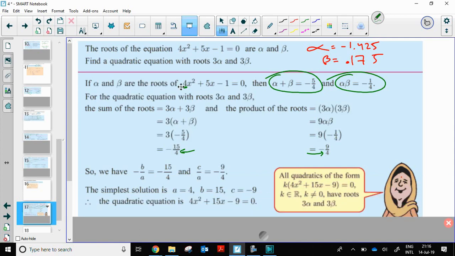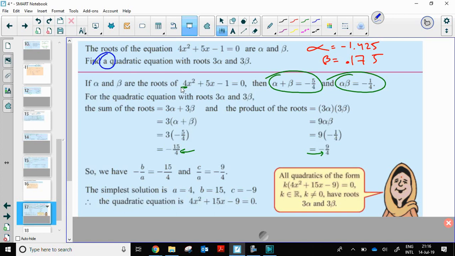So there we have it. The numerators tell us our b and our c value, and the denominator tells us our a. Now this particular question said find a quadratic equation with roots 3 alpha and 3 beta.